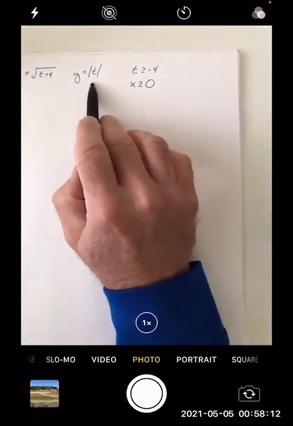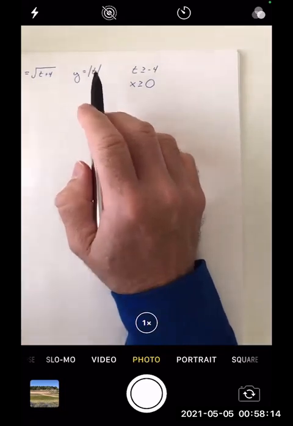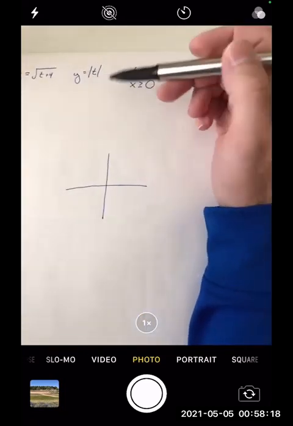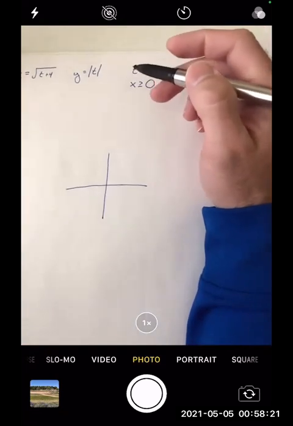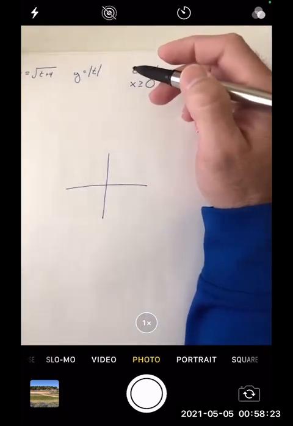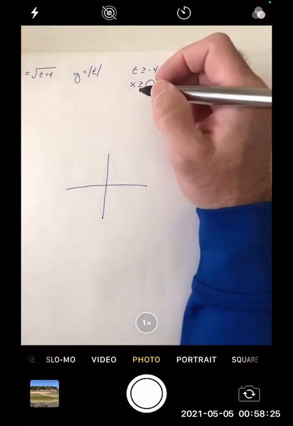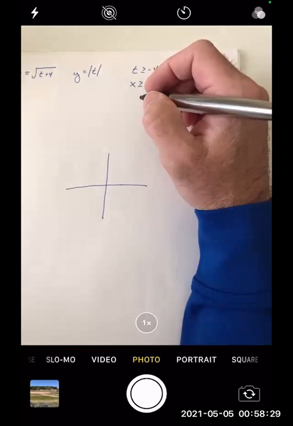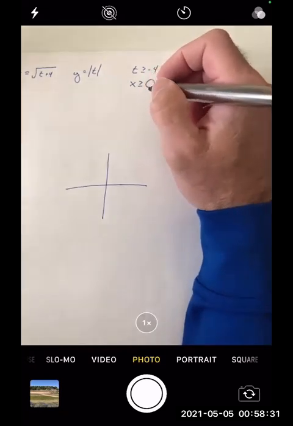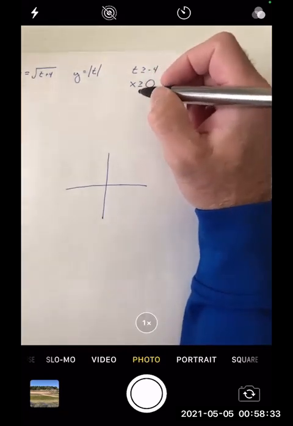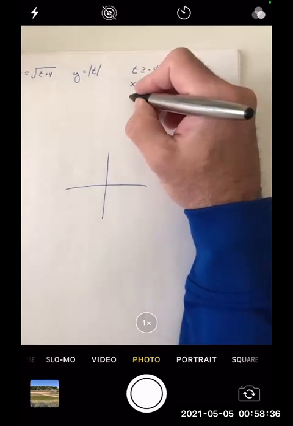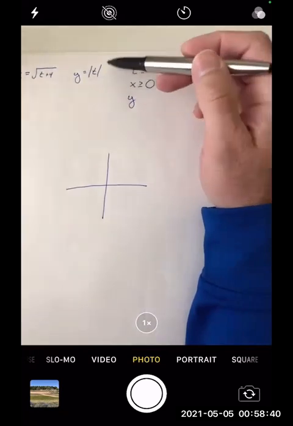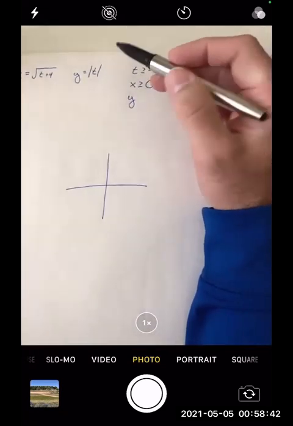Okay, now let's look at the y. Y equals the absolute value of t. So what kind of numbers come out of absolute value? Positives, or 0. What's the absolute value of 0? 0.